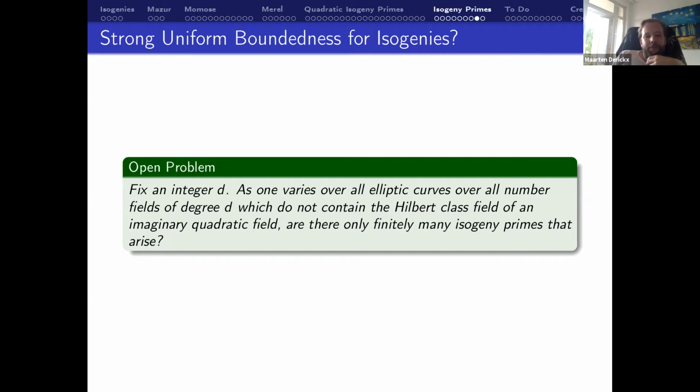My suspicion is that the answer is that such a uniform thing exists, and some work that Michael Stoll and I have been doing also really seems to implicate that, at least over odd degree number fields, this most definitely is true. For a lot of modular curves of the form X_0(p), we can show that they have no odd degree points.